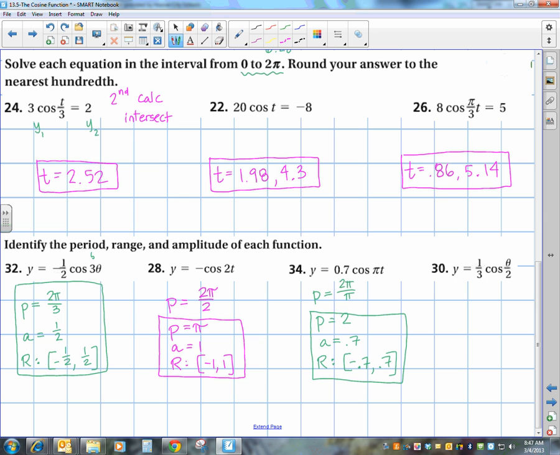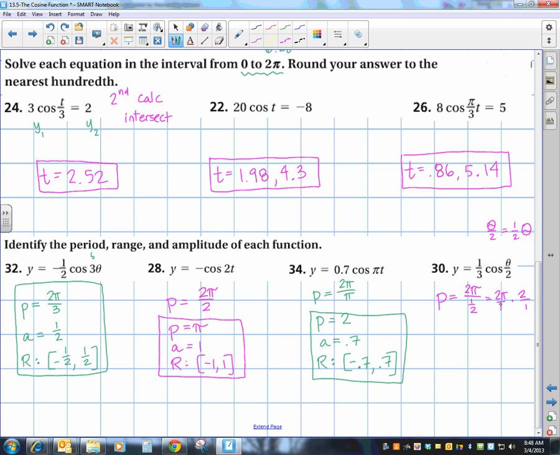And the last problem we have, y equals 1/3 cosine of theta over 2. Period is, hopefully you can see, remember theta over 2 is the same thing as 1/2 theta. So this means that I have 2 pi over 1/2. Okay, there are my fractions again. That's 2 pi over 1 times 2 over 1.